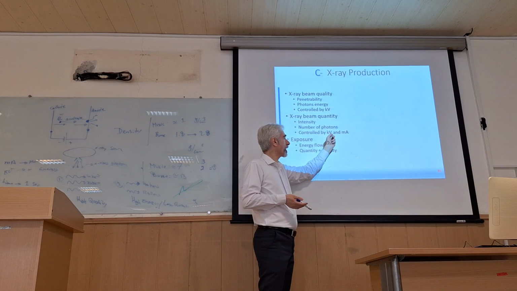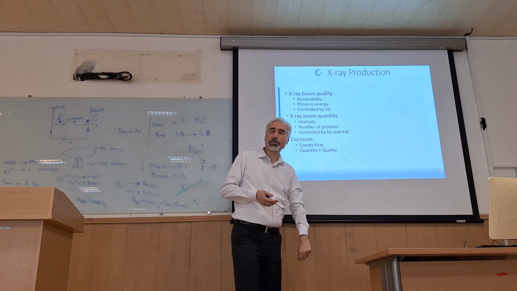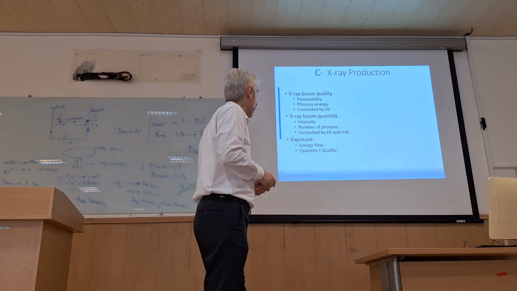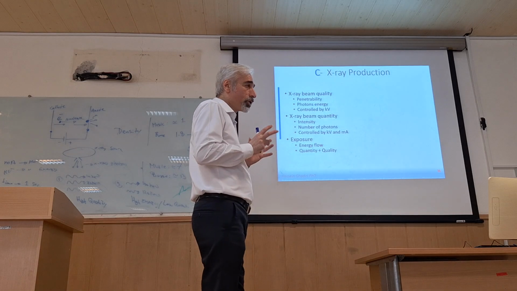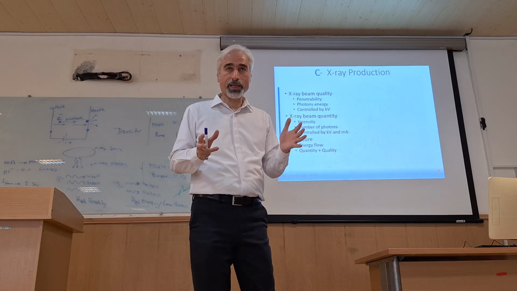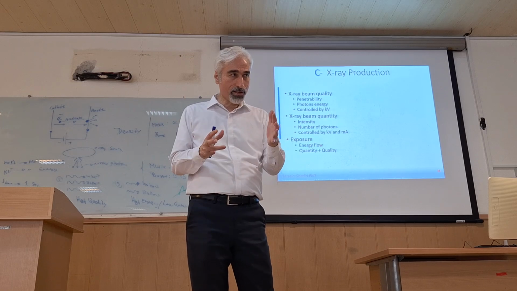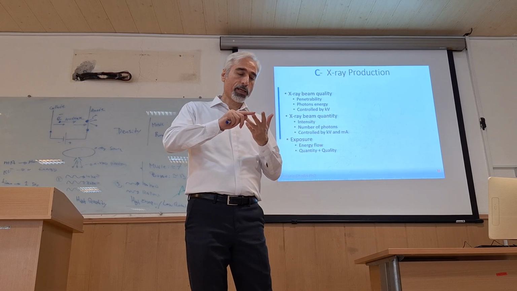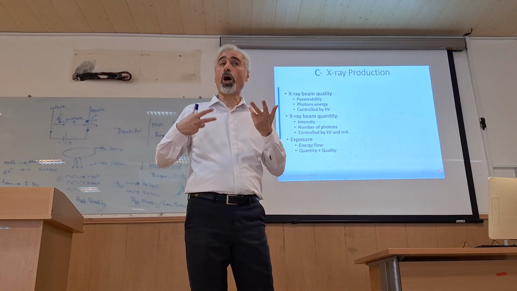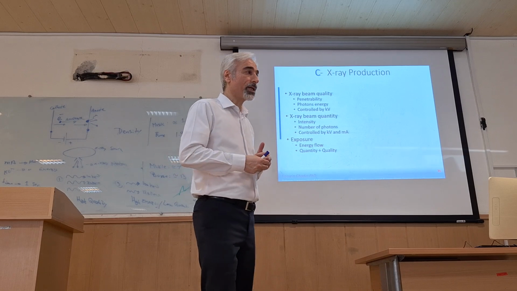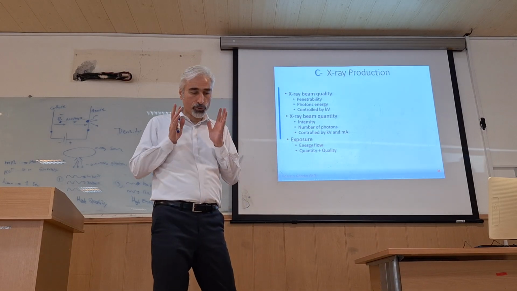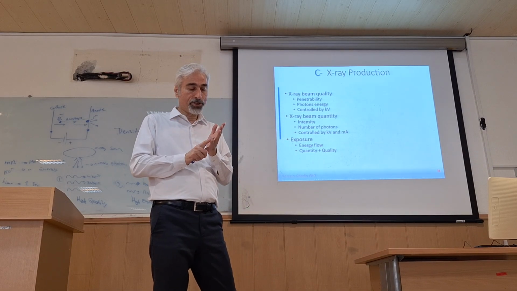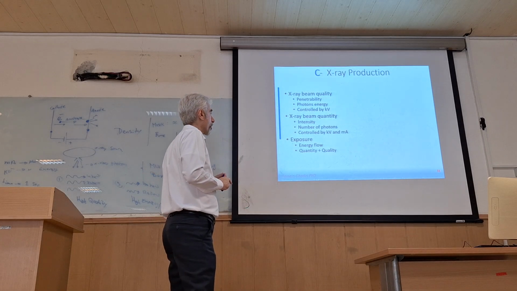But when you change the kV, you can change the number as well. Based on the patient thickness, patient body size, and the type of disease we are going to image to diagnose, we should design the energy and number of photons.